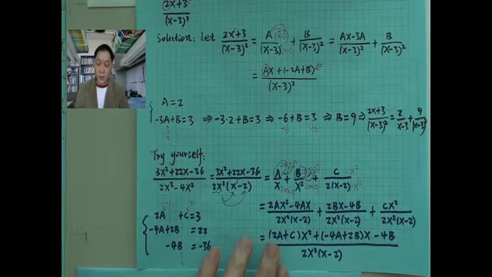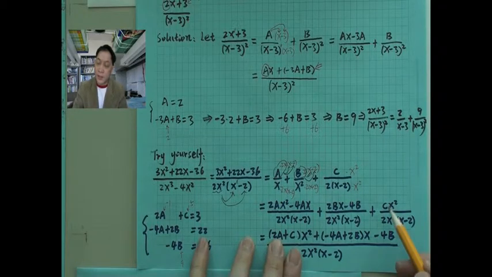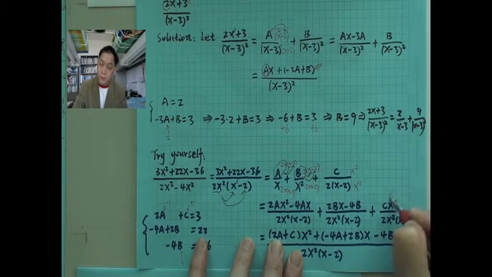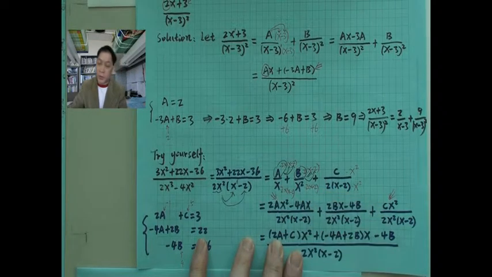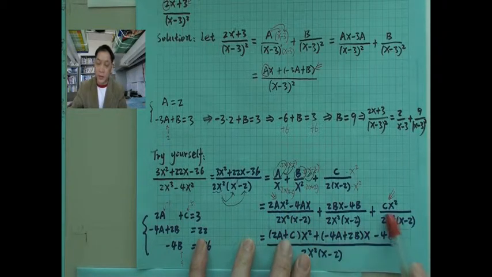Okay. Now look. Here it has x squared. And here it has x squared. So we put x squared out here. And then we have 2a plus c. Constants, coefficients.